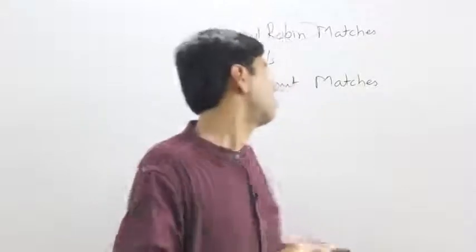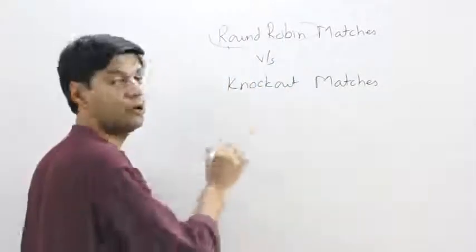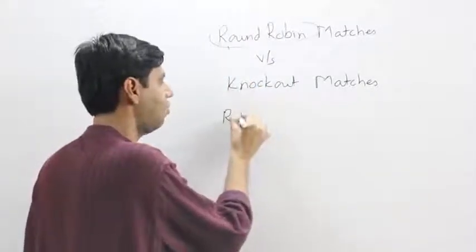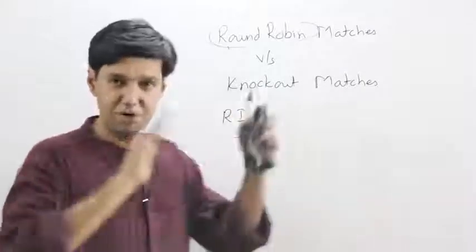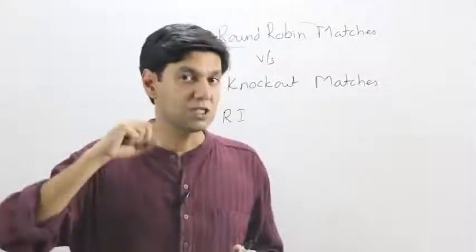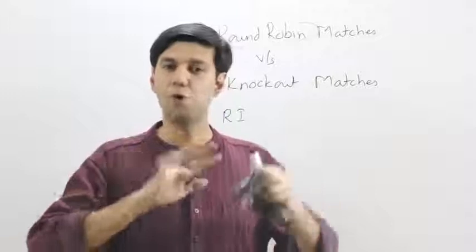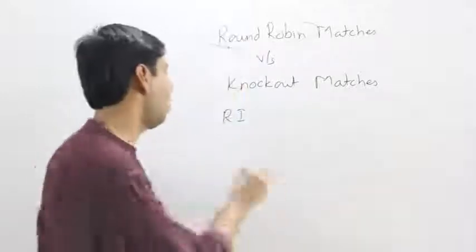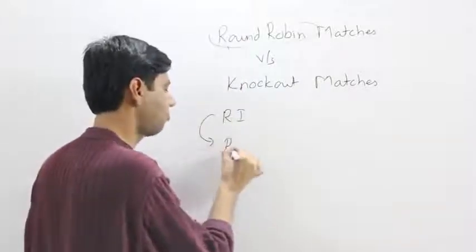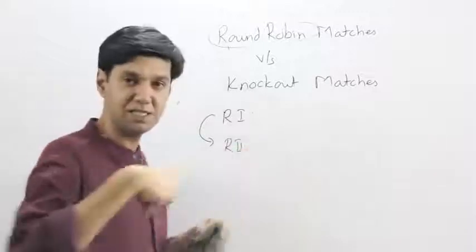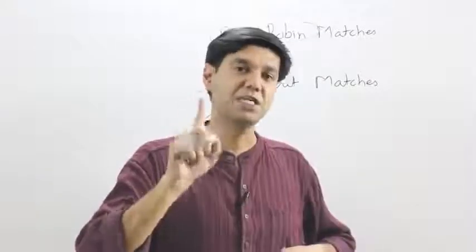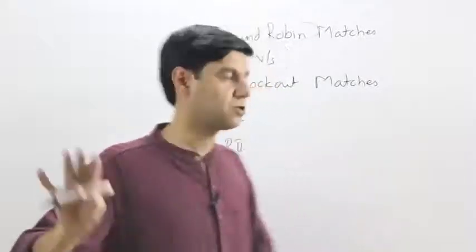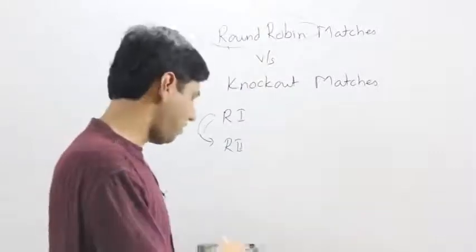So in knockout matches, they typically go in rounds. In round 1, whatever the number of teams, each will play against one other person. Whoever loses goes out. All the winners from round 1 will move to round 2. They will play amongst each other, not each one playing every other, each one playing one other player. Losers go out. It is not a PNC question.